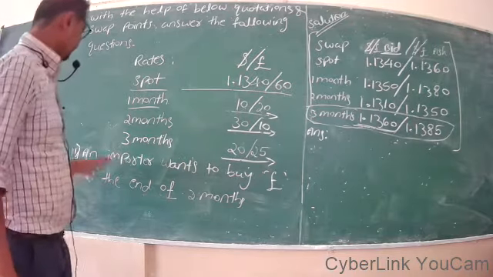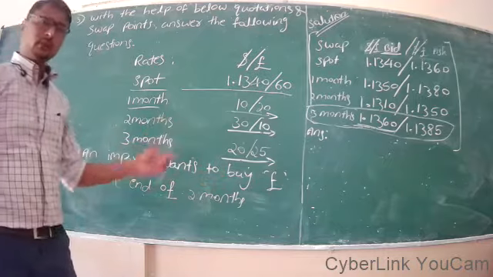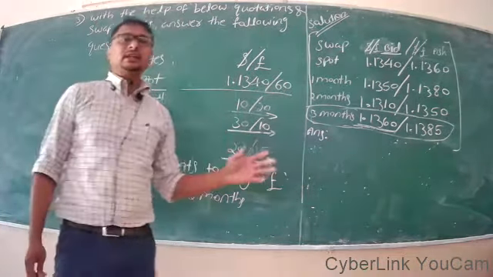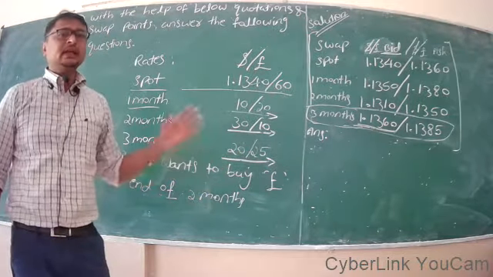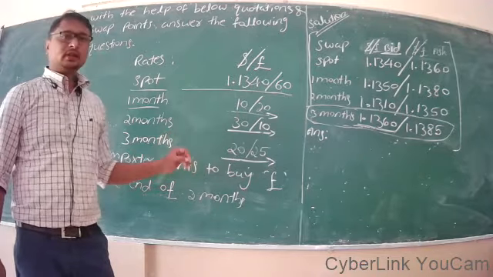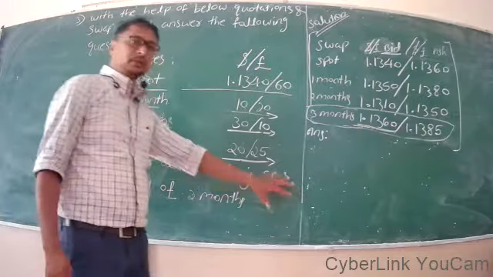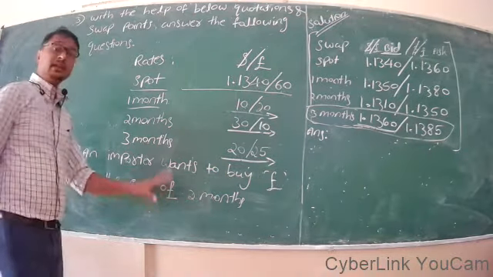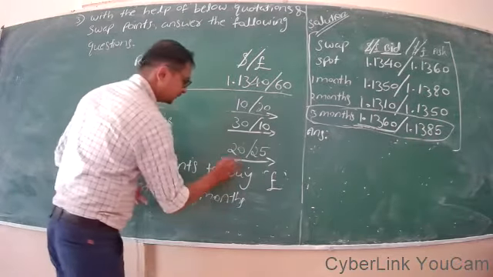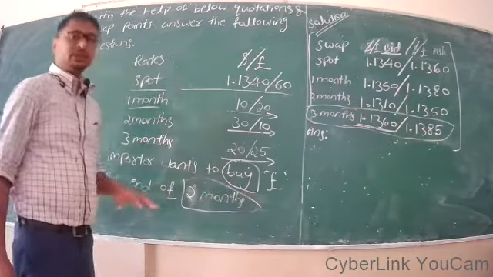So they are asking, if an importer intends to buy. In the first question they were asking the selling price. An individual was selling the sterling pound in the earlier question. In this question they are asking, if an XYZ person or an individual or a multinational company intends to buy sterling pound at the end of 2 months, you need to focus on buy or sell and the time period given, right?